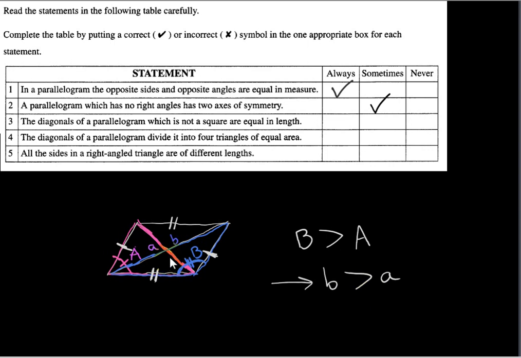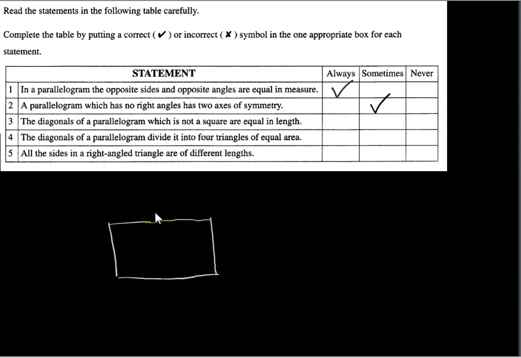But are there other situations where the diagonals are equal? Well, here is a parallelogram that is not a square. These 2 sides are not the same, so it's not a square. It's a parallelogram, but it's a rectangle. So the 4 angles are 90 degrees. Let's look at the 2 diagonals.